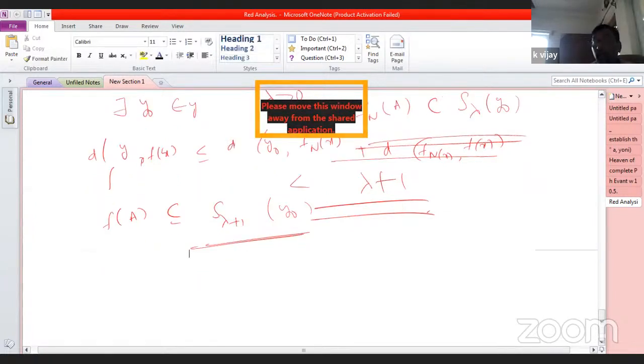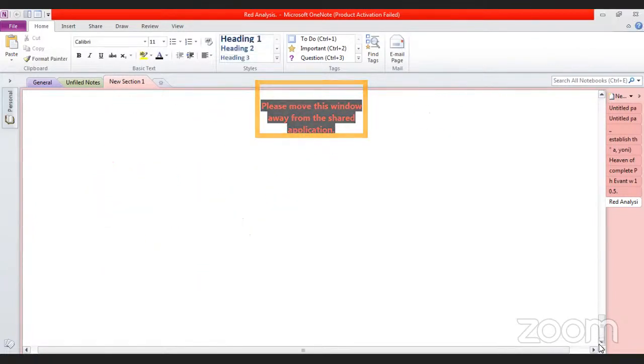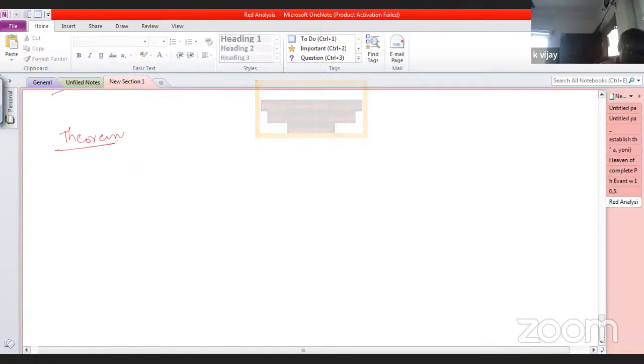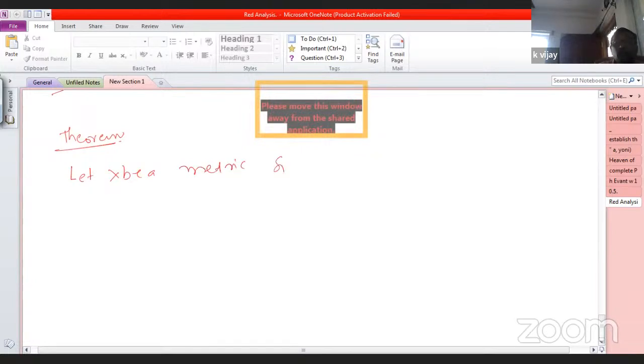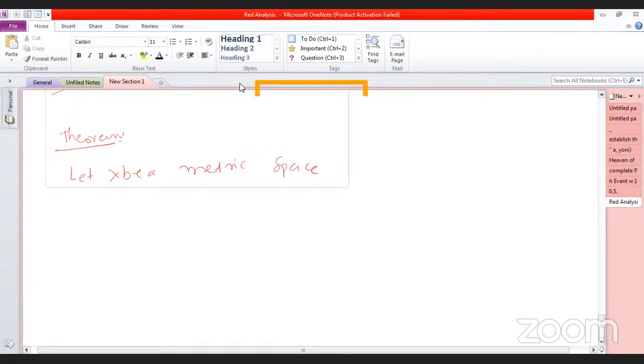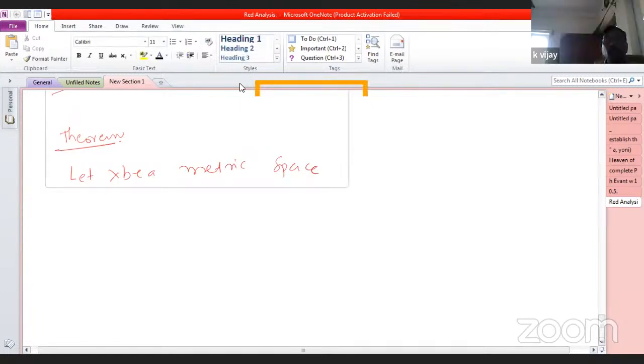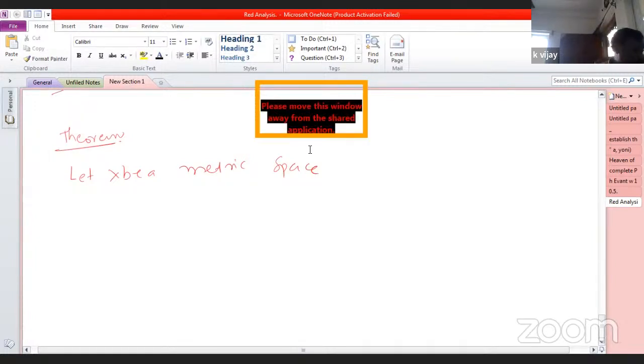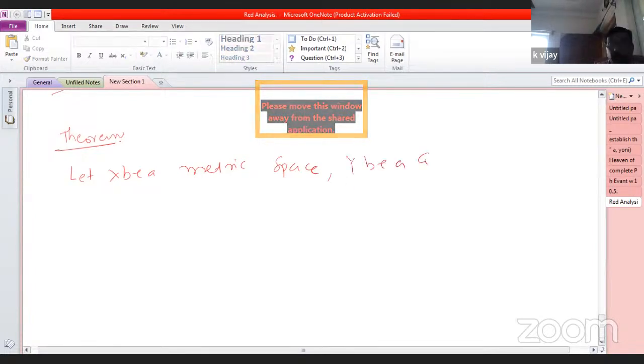Another theorem we can look at. Let x be a metric space. Let y be a complete metric space.